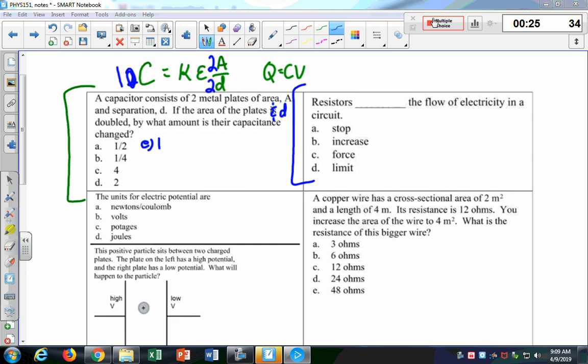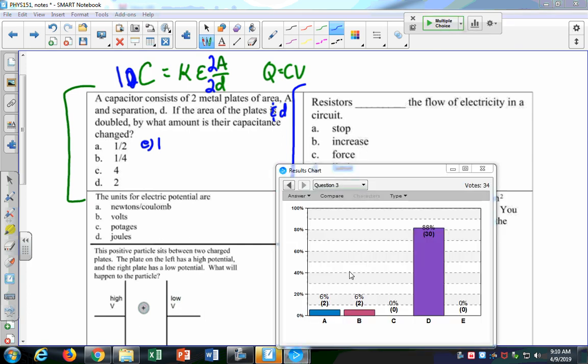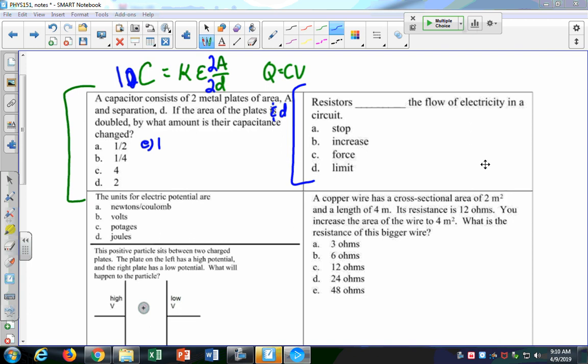All right, let's stop at 30. Very good. D is right. They limit or resist the flow of electricity.